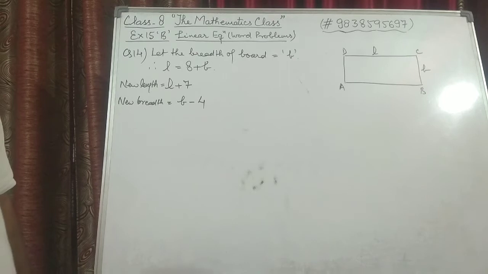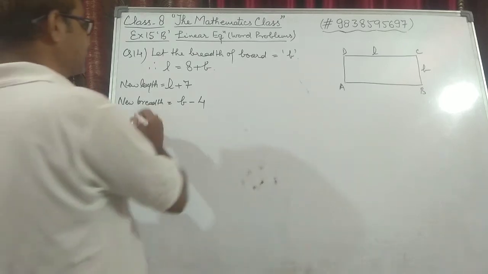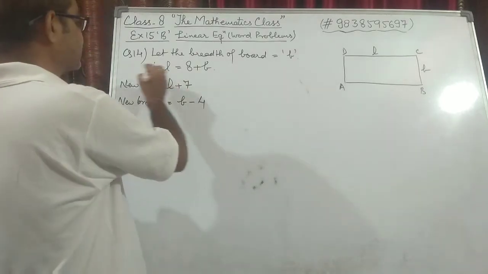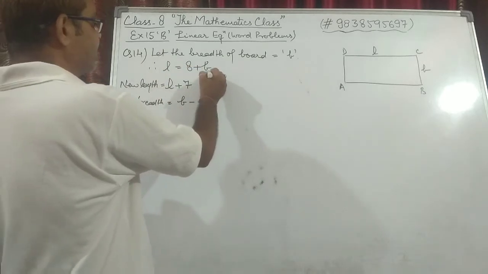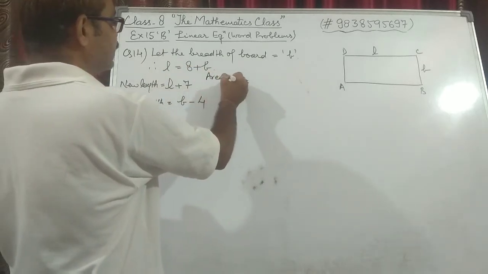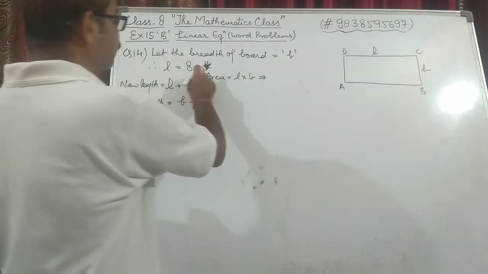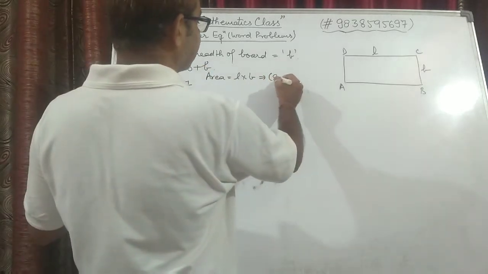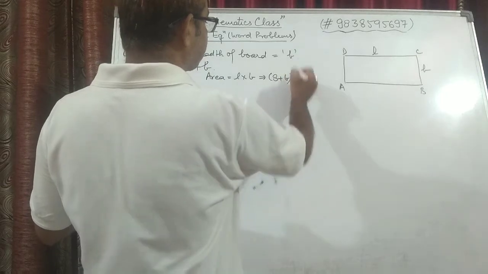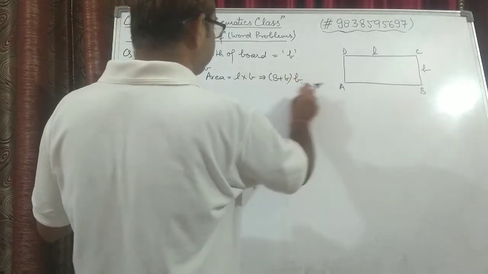Then what happens? Its area remains unchanged. Area remaining unchanged means in the first case the area can be written as L into B, and L is 8 plus B, so 8 plus B into B. This was the area in the first case.